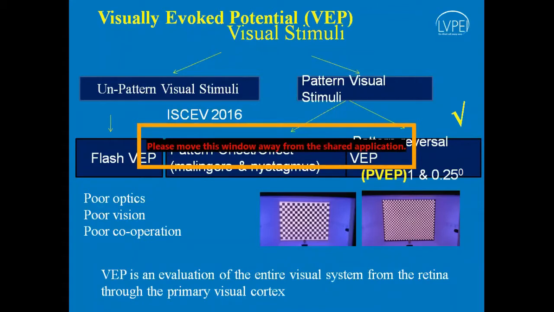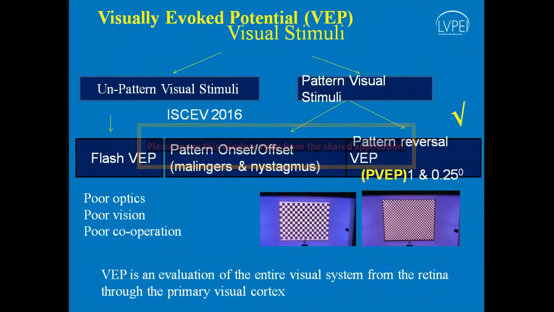So flash VEP is useful only in special situations, and in clinical practice, it is of less importance than pattern VEP. Flash VEP just gives an idea that current is going through the visual system. That's all.